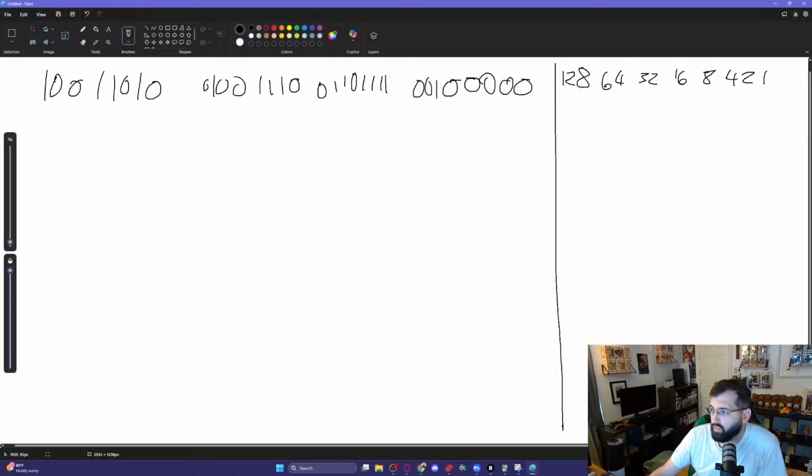So I'm going to use my calculator, just because I don't feel like writing it with my mouse. So 128 plus 16 plus 8 plus 2 is 154, dot.